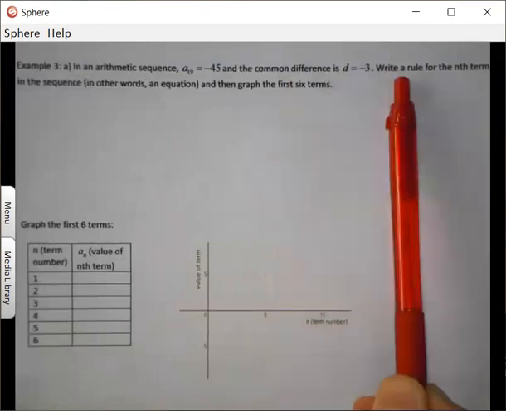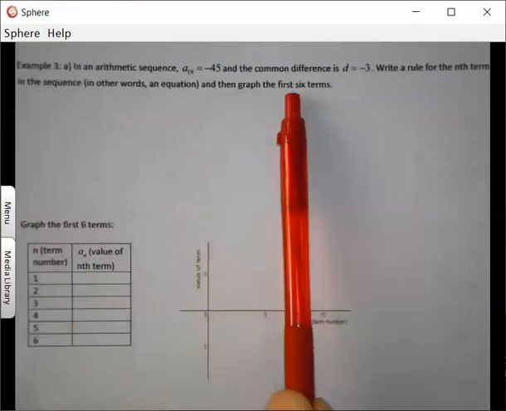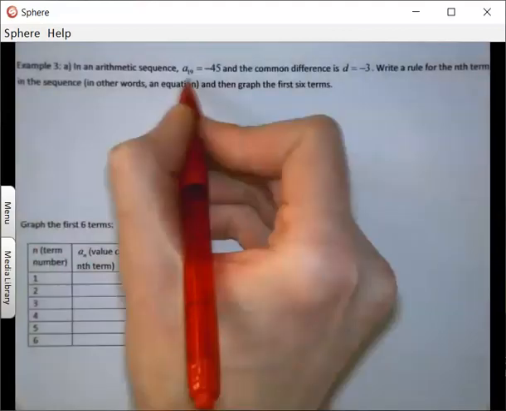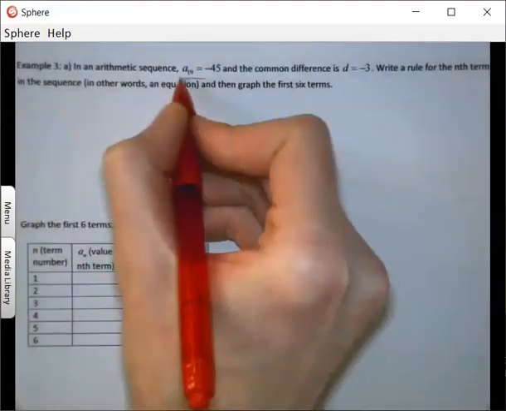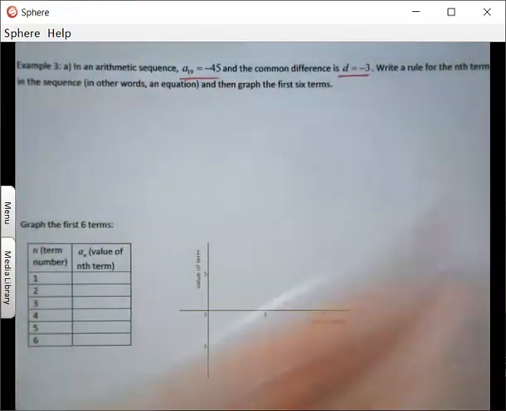So we want to write a rule for the nth term, and then after that, we will graph the first 6 terms. So important information, a sub 19 is negative 45, and again, the common difference, d, is minus 3.